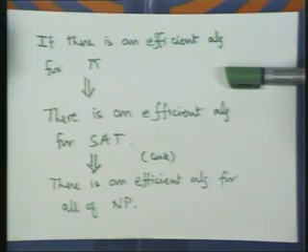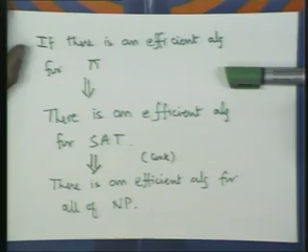So this would identify pi as among the hardest problems in NP. So our goal for the next few lectures, few hours, will be to identify more and more problems in NP which are among the hardest, in the sense that if you solve these, then you can solve every other problem in NP.